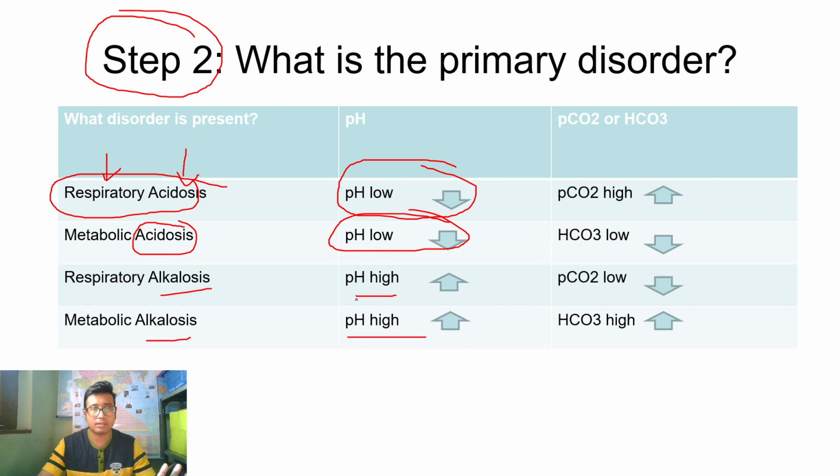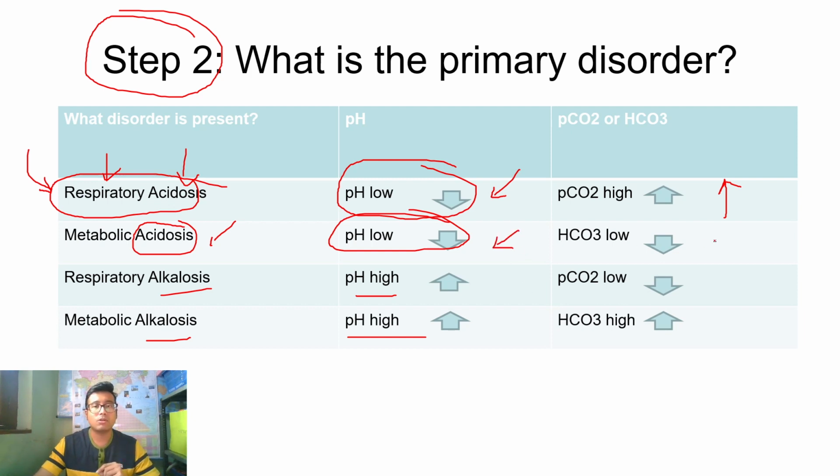Now, respiratory acidosis, so there will be a problem in PCO2. How is PCO2 related to pH? It's inversely related. So since pH is going down, PCO2 has to go up. Metabolic acidosis, problem in bicarbonate. How is bicarbonate related to pH? It's directly related.